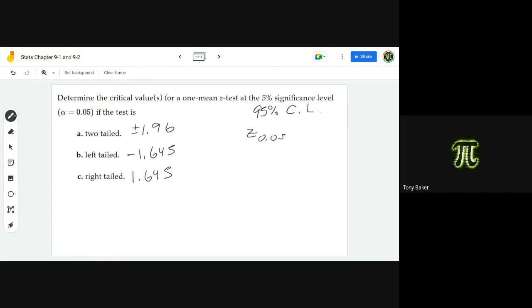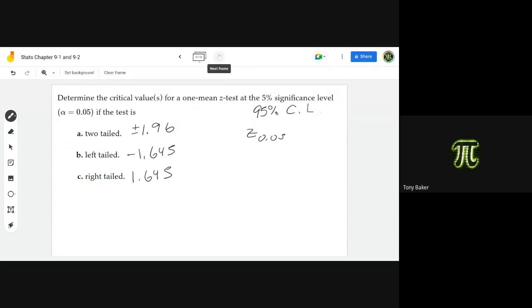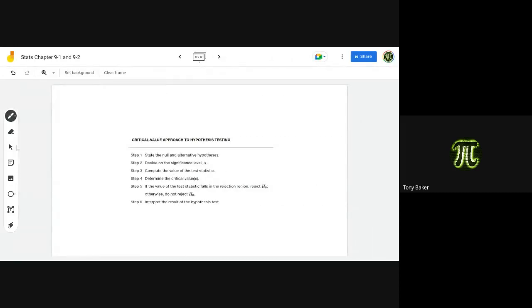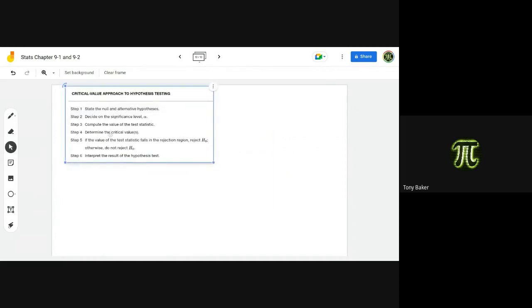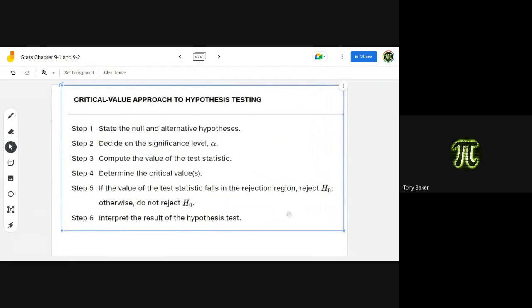I don't have to go through and find it again. Or if we're doing a one-tailed test, depending which side, it's 1.645. Okay, so those numbers won't change. All right, so if we're doing a critical value approach to hypothesis testing, here are the steps.